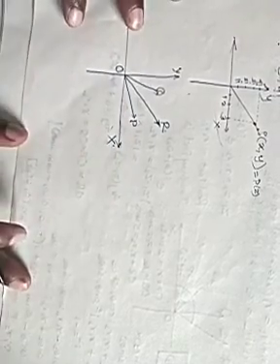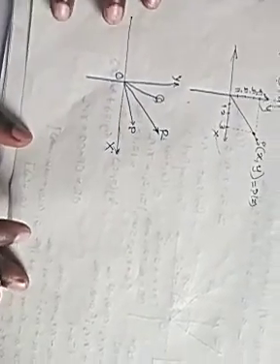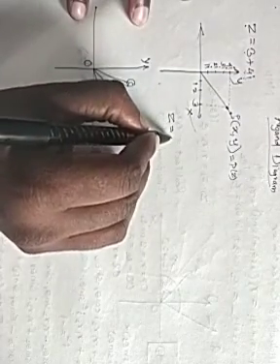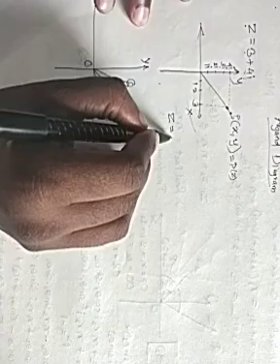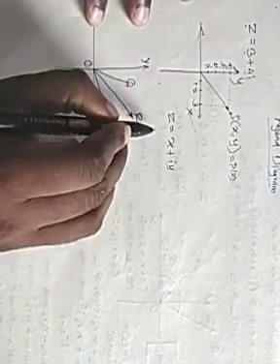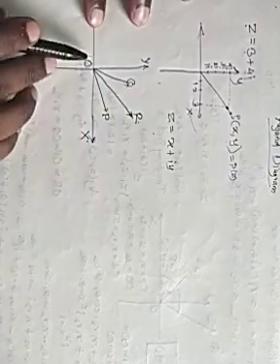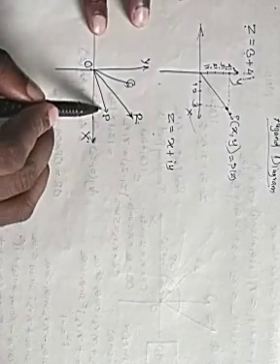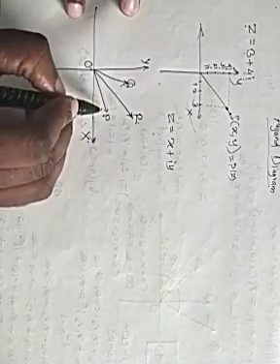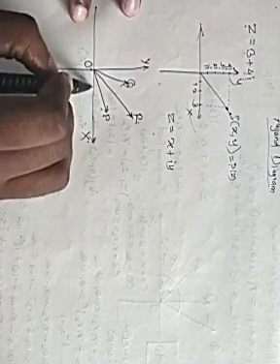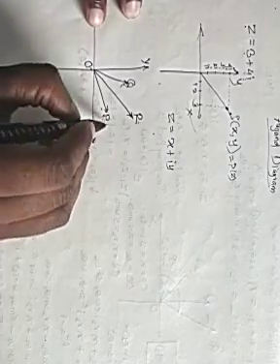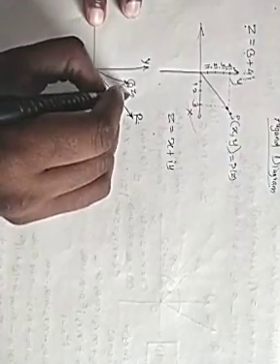So the sum of two complex numbers. Suppose the two numbers are represented by z is equal to x plus i times y. So OP represents one position vector and OQ represents the another position vector. These position vectors are represented by complex numbers, that is Z1 and Z2.